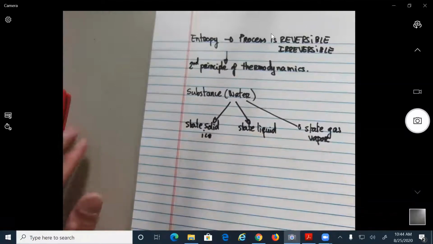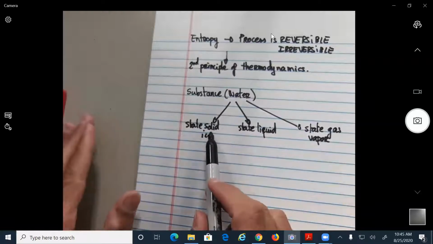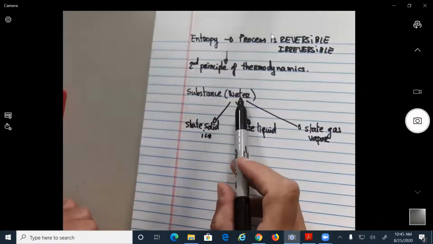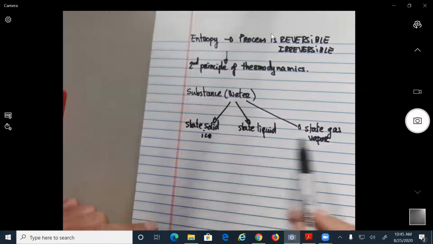So now, how do you differentiate the substance water at solid, liquid, or vapor? So the answer is, the properties. Think about density, heat capacity, but let's just talk about density now. Is the density of water the same for ice, liquid, or vapor?